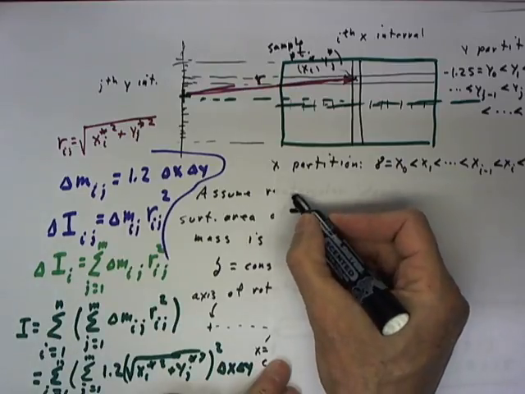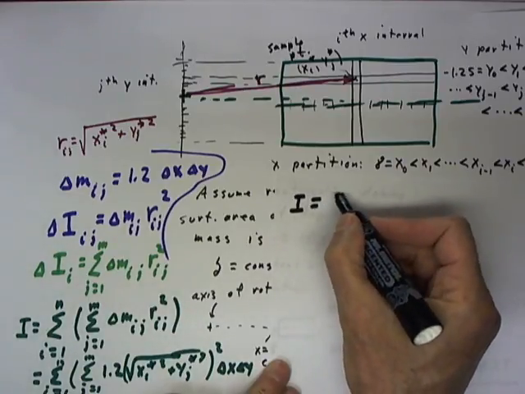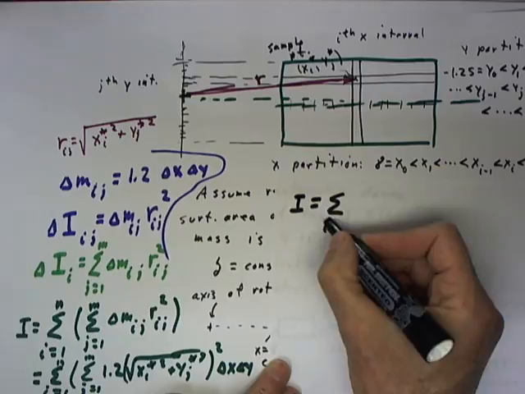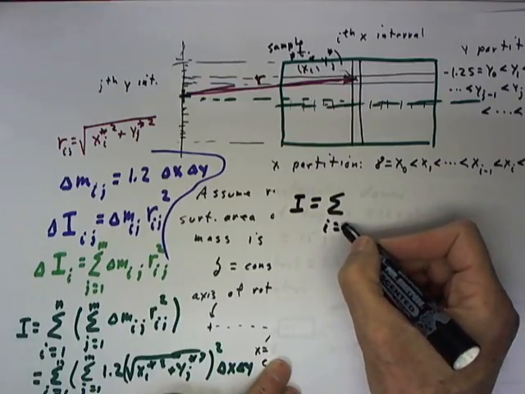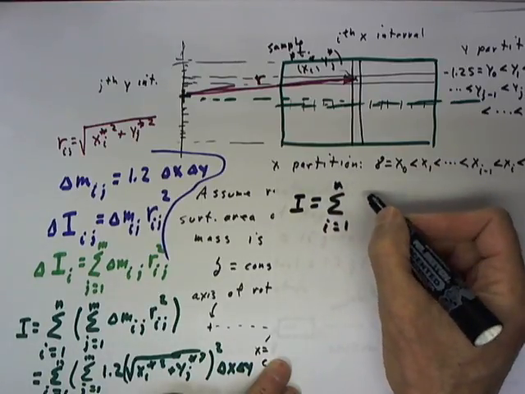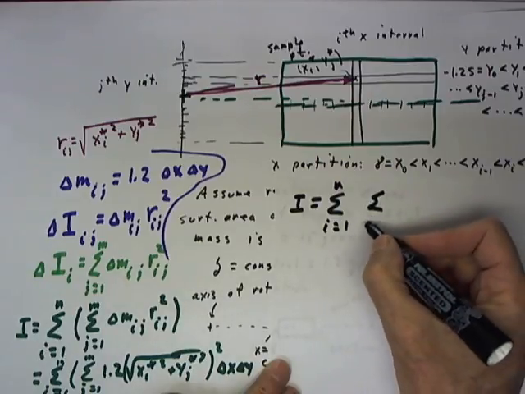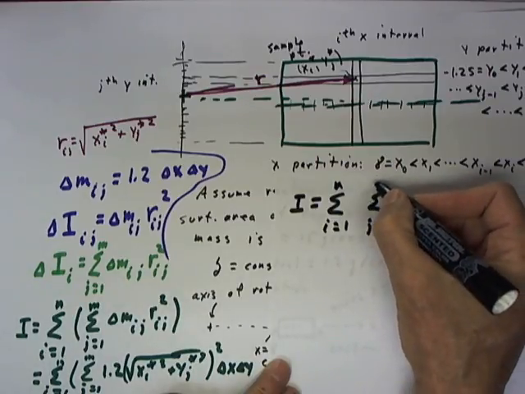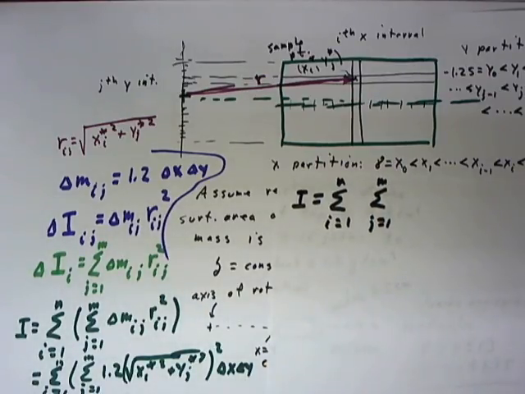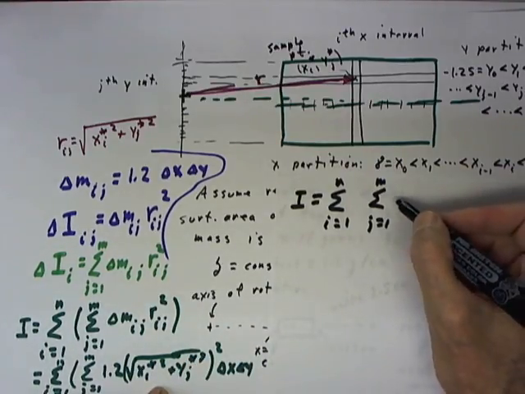Writing that down once more and changing orders just slightly for convenience. Okay, we're going to go ahead and square the expression for r.